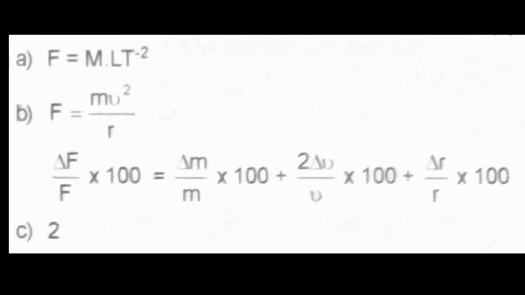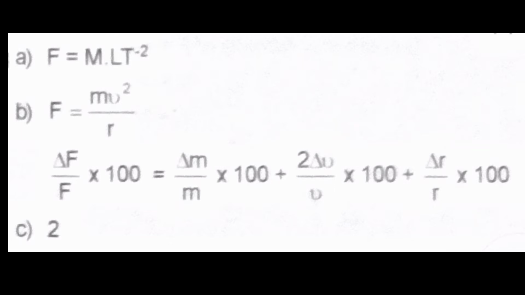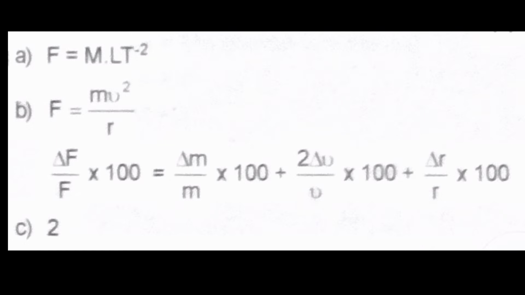R is also a distance, right? So that will be M L square T raised to minus 2 by L, isn't it? So what we will get? That one L and L will get cancelled. So what will be remaining? Yes, that is M L T raised to minus 2. So we will get the same answer. So any one method can be used to calculate the dimension of force. Is it clear? Can we move to the second question?